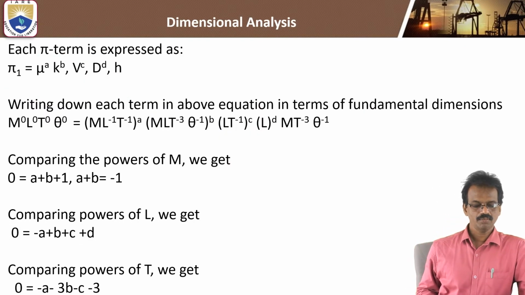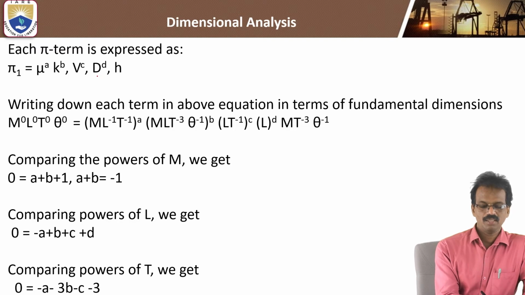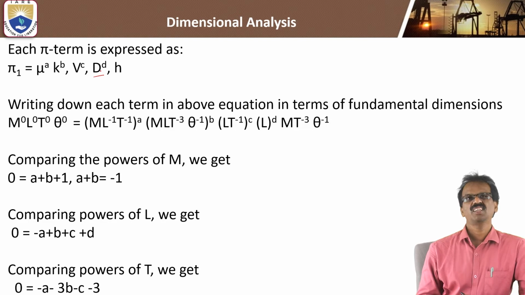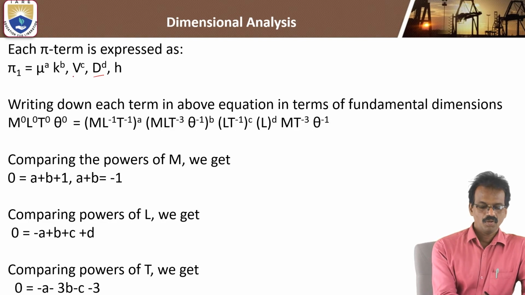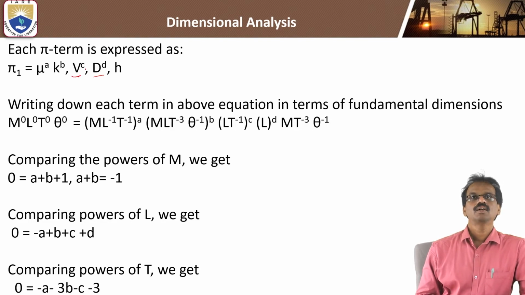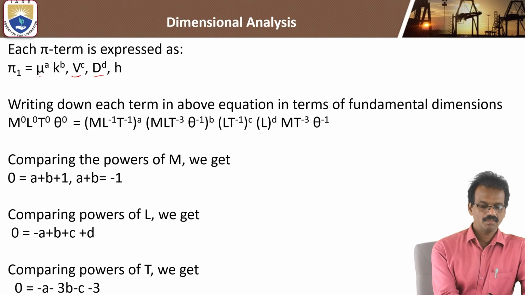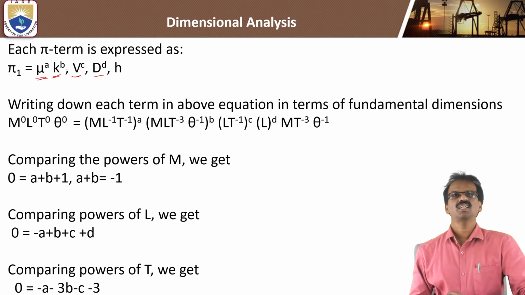So here, based upon the geometry, you have taken the diameter d, the velocity v, the flow property mu, and for the thermal property, the thermal conductivity k.